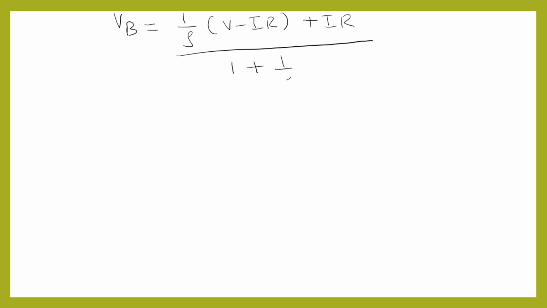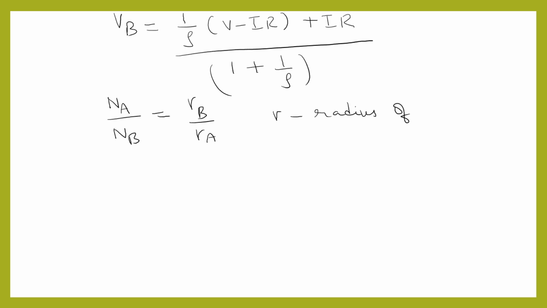Similarly, VB is equal to [1 by rho into (V − IR) + IR] by (1 + 1 by rho). Also, we have NA by NB is equal to RB by RA, where R indicates the radius of the corresponding driving wheel.